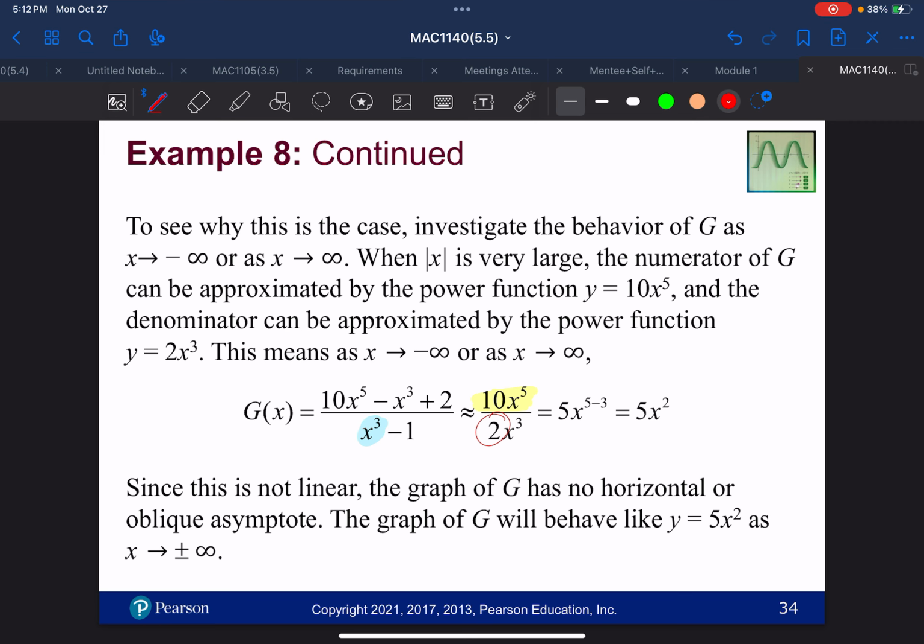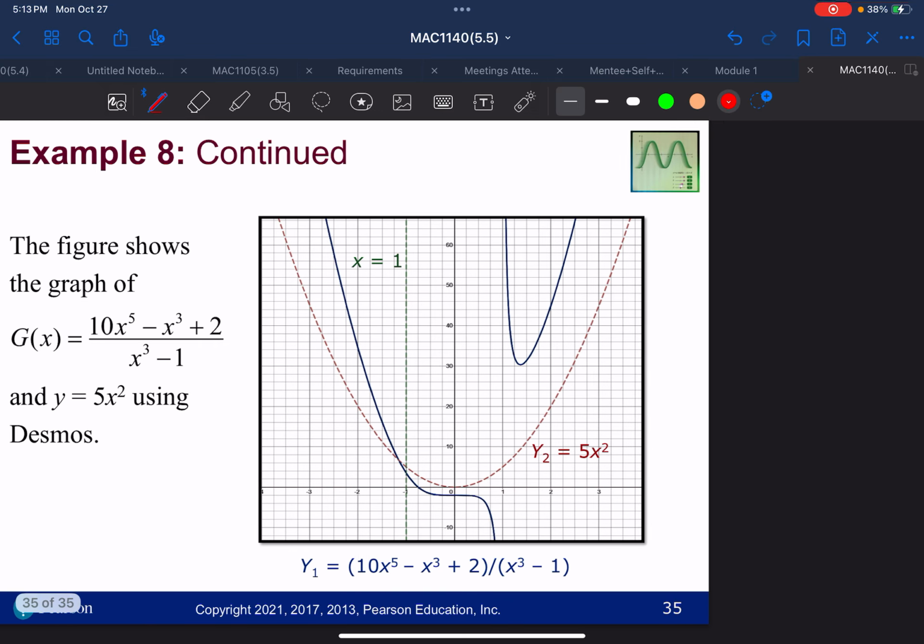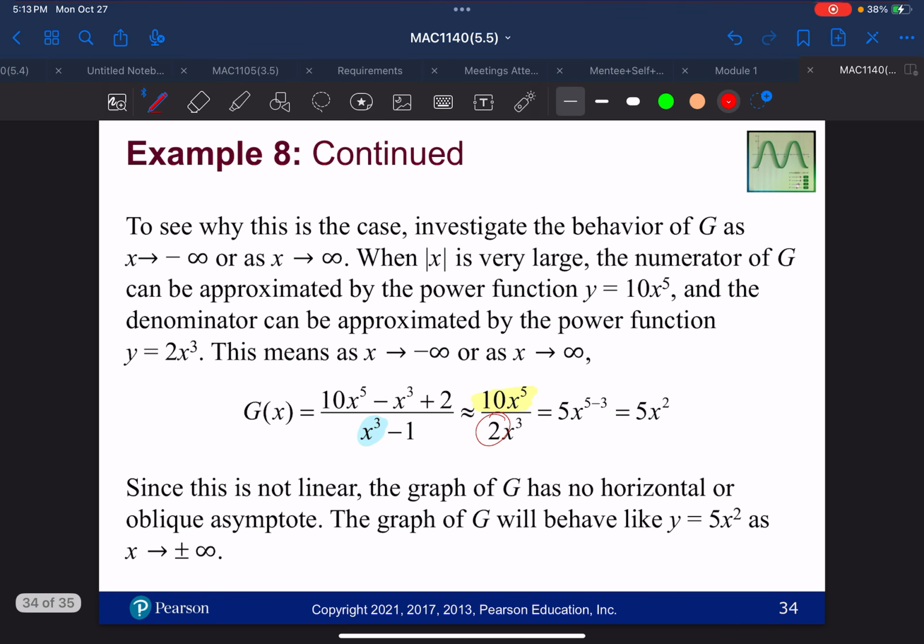The graph will be like, and they even have it graphed there. Okay, well, I feel like this 2 is not supposed to be there because there is no 2 there.